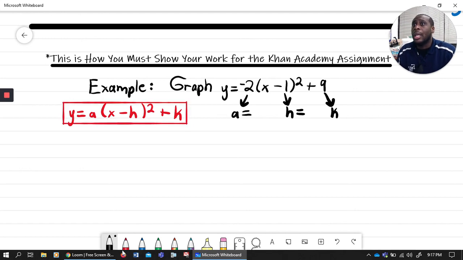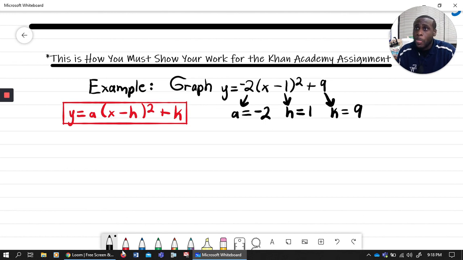All right, so a is clearly -2, right? That's that value. And k is clearly 9, right? So remember, guys, we said that you use the exact same value for k. And remember, we said that for the h, you have to use the opposite sign of what you see in the equation. So for the h, the opposite sign of -1 is +1, right?